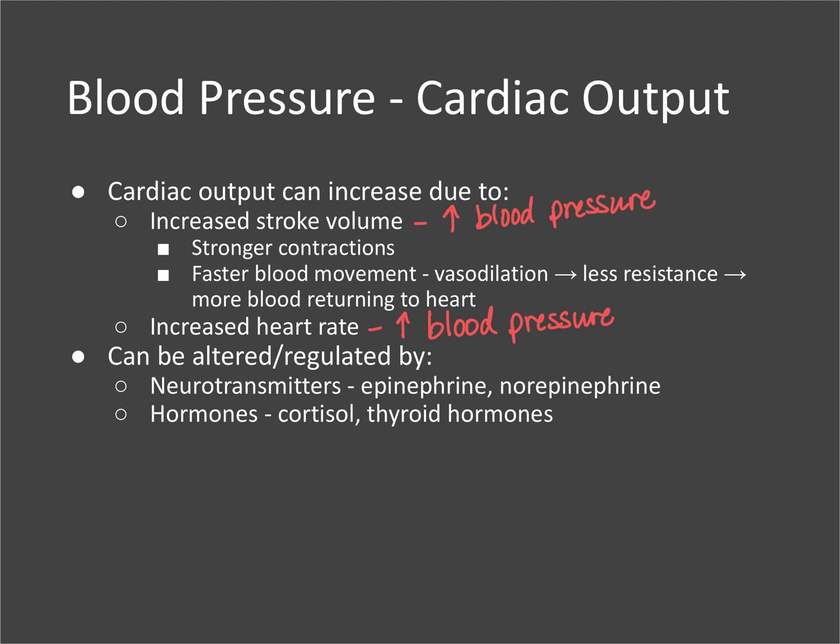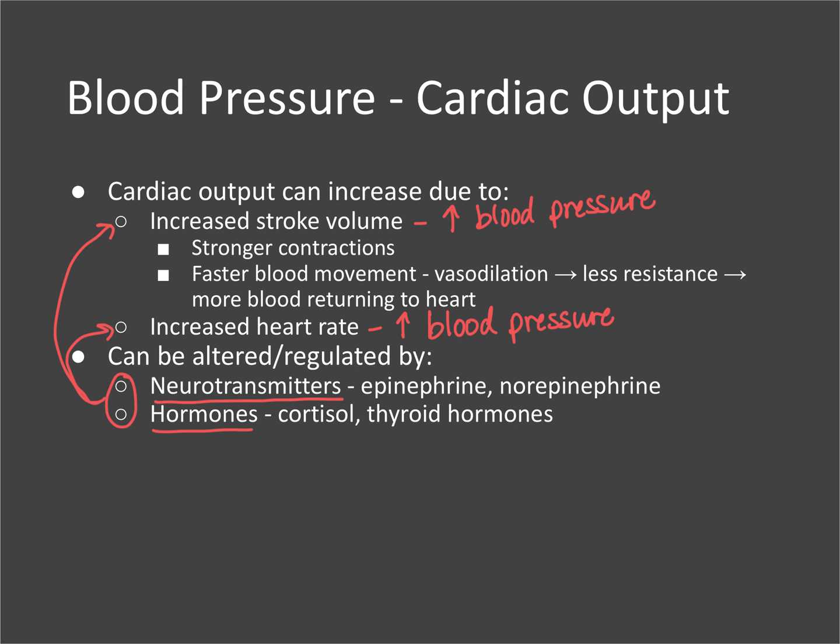The things that can affect stroke volume and heart rate are things like neurotransmitters and hormones. These are the messengers that can change your heart rate or change the stroke volume, and these are just some examples.